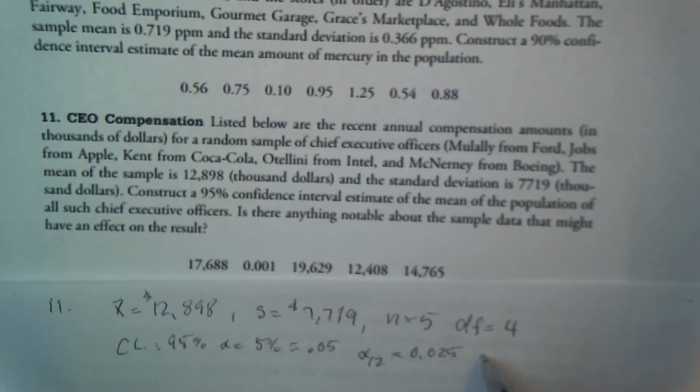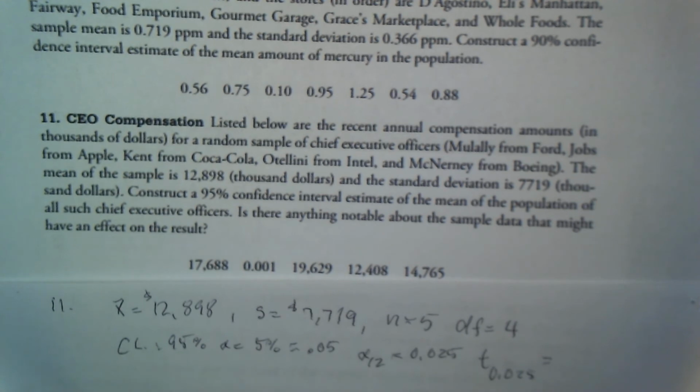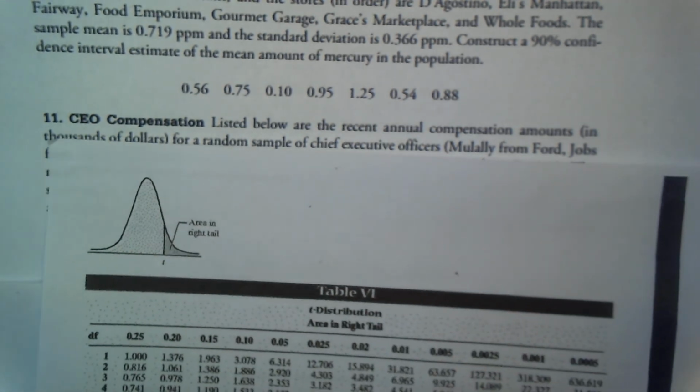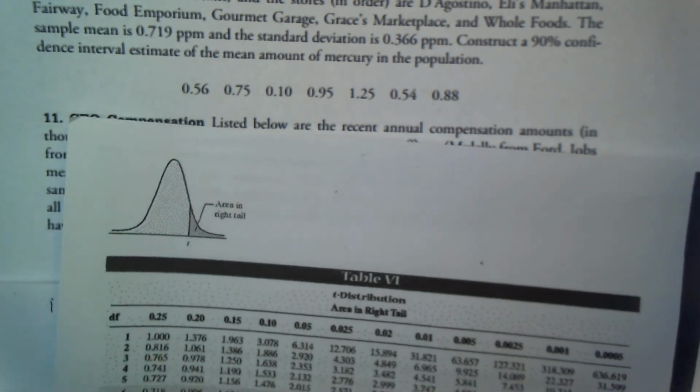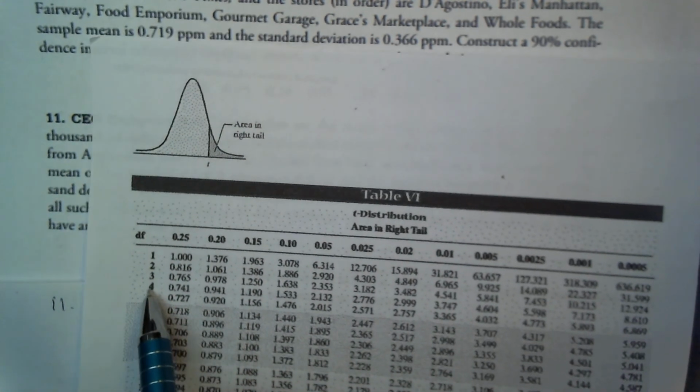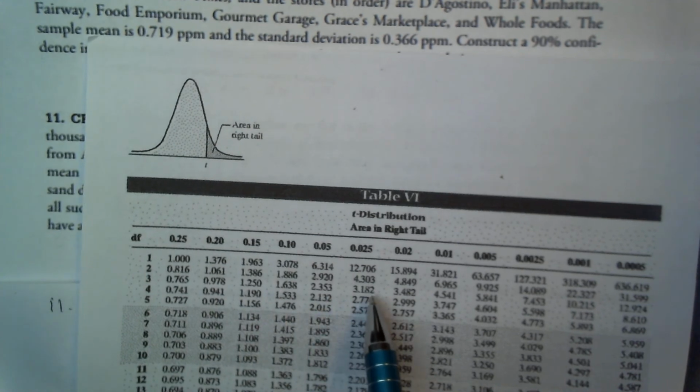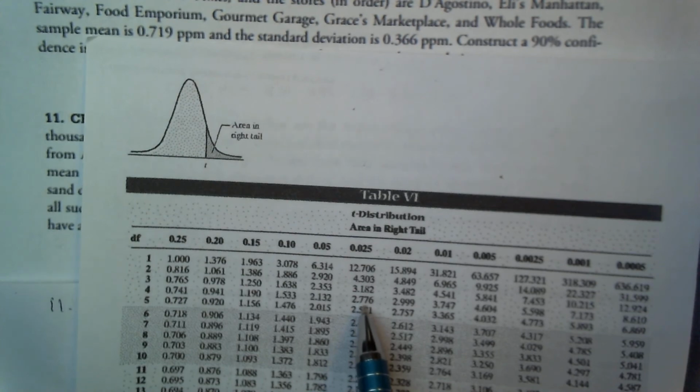So for our t sub alpha divided by 2, our t sub 0.025, for degrees of freedom of 4 at 0.025, when we look at the table, degrees of freedom is 4, and here's 0.025: 2.776.